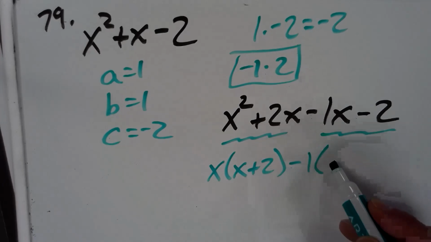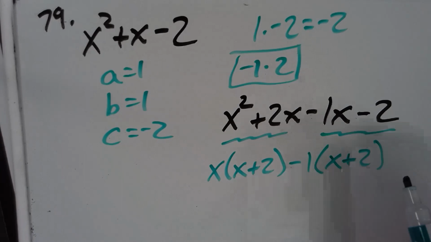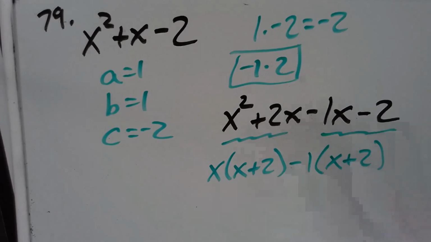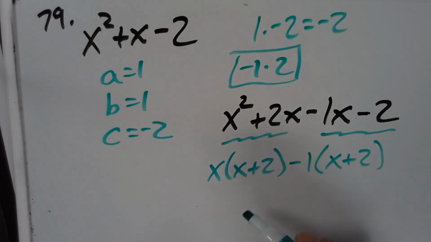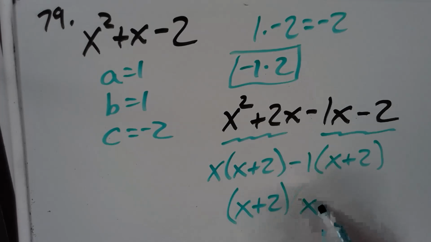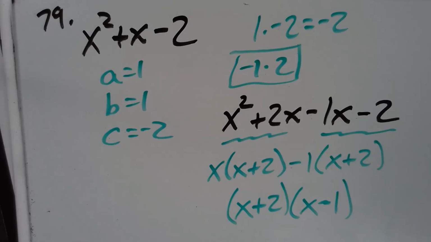When you take out a -1, everything's got to switch. So that's where I'm stuck. Yep, signs will get you every time. You can FOIL that back if you need to.